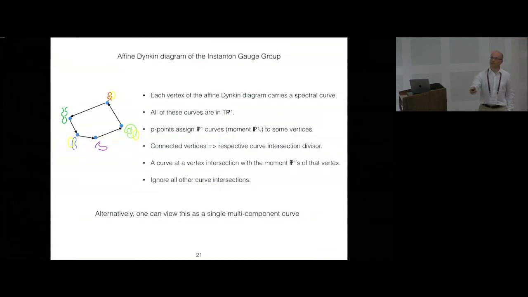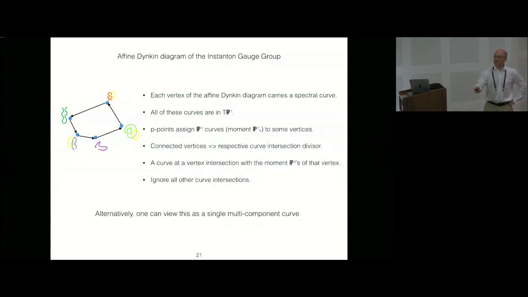When you have connected vertices, then these two respective curves intersect, and you actually mark their divisor. The divisor has significance. So the intersection of this green curve and this red curve is significant, but the intersection of this green curve and that green curve is not. You view them, even though they lie in the same space, you don't care about the intersection.